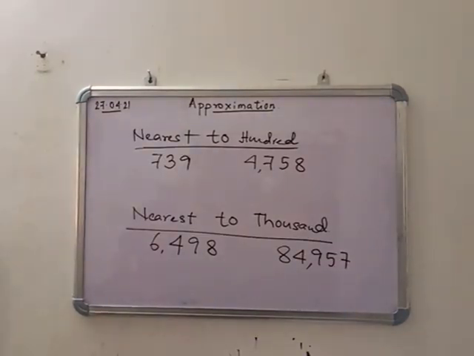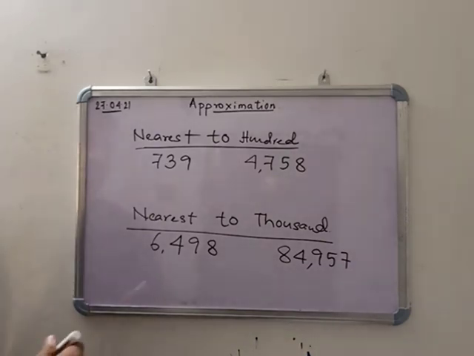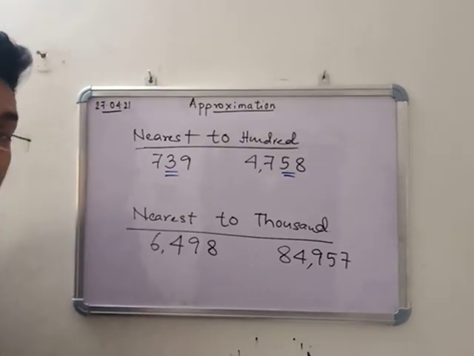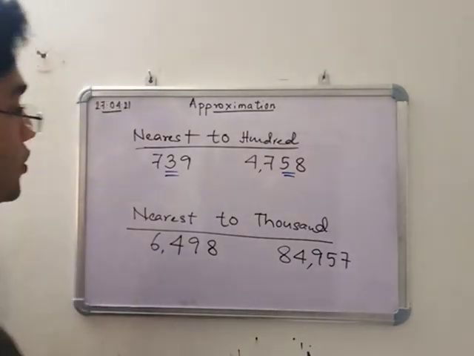Next we are going to discuss the nearest 100 and nearest 1000. In the nearest 100, the numbers given are 739 and 4758. Now you have to check the tens digit. The tens digit is 3 here and 5 here. So there are two tricks.